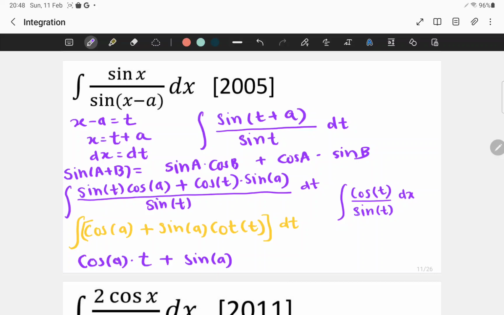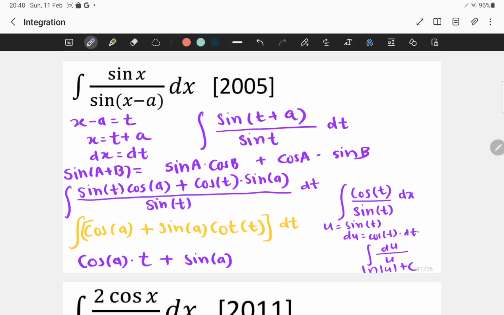If I put sin t as a new variable, say u, then du equals the derivative of sin, which is cos t dt. So this gives me integration of du divided by u, and 1 over u integrates to natural log of u plus c.